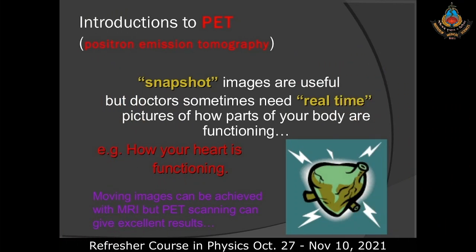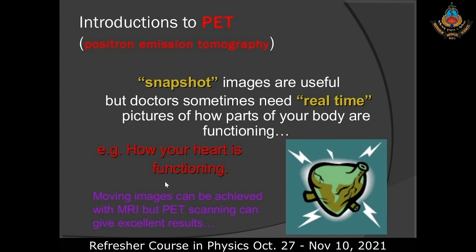Before we discuss the X-ray, CT and MRI, now we discuss the PET scan, that is positron emission tomography scan, which is just like a CT scan. Snapshot images are useful, but doctors sometimes need a real-time image of parts of the body which are functioning.